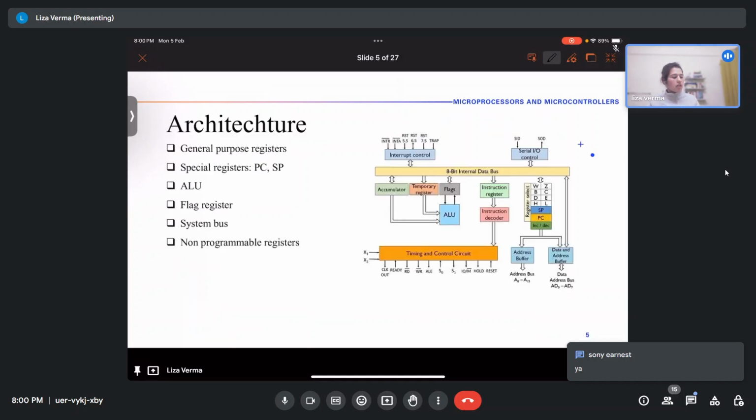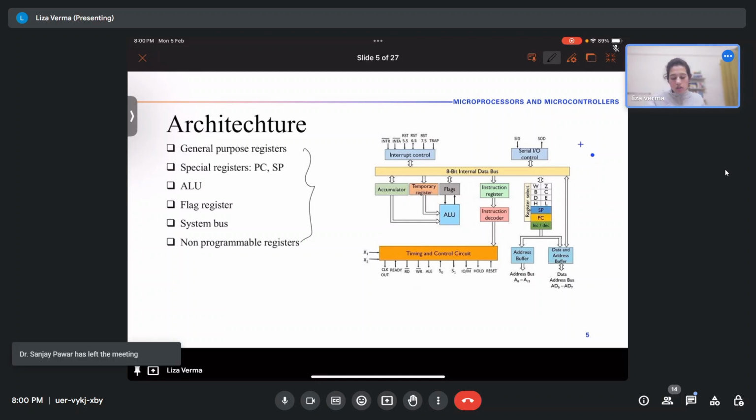Okay, so next is architecture. I think it was discussed fairly in the lectures, but we'll just go through the purpose of all of these basic components of the microprocessor, right?